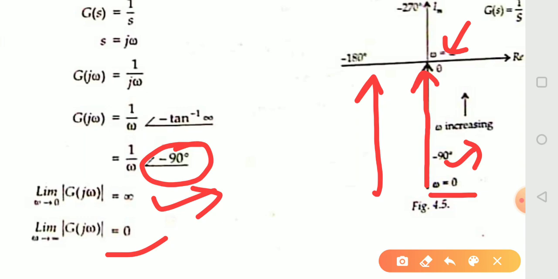This is the polar plot of the transfer function G(s) equal to 1 over s. Here at omega equal to 0 the magnitude is infinite.